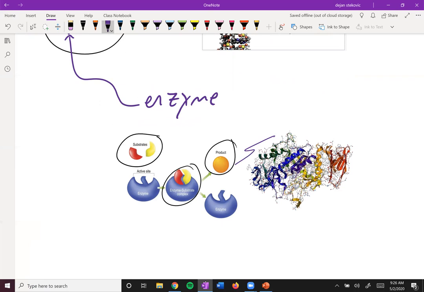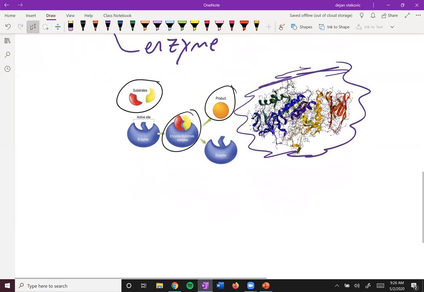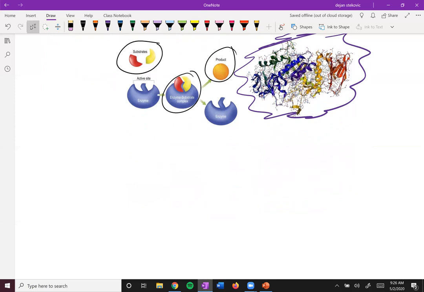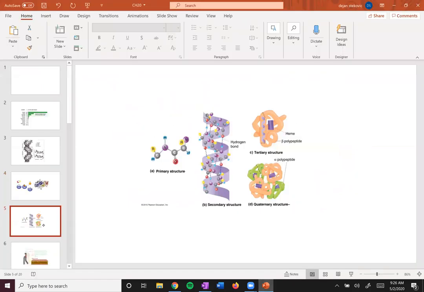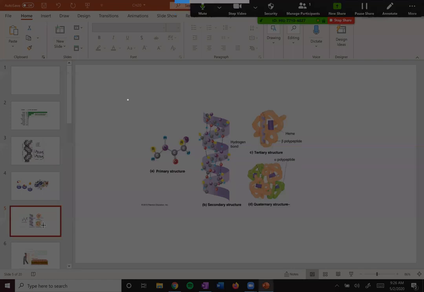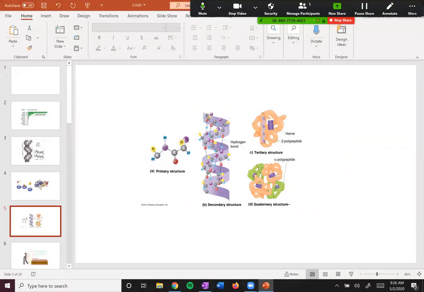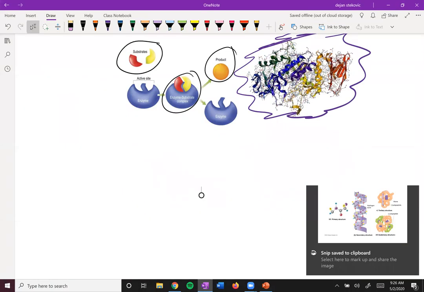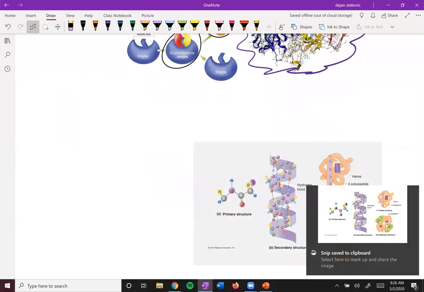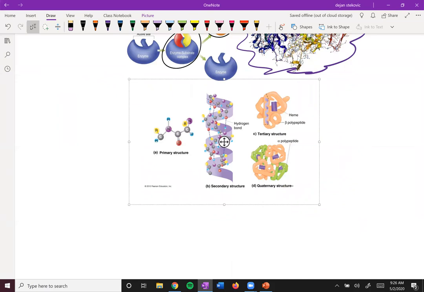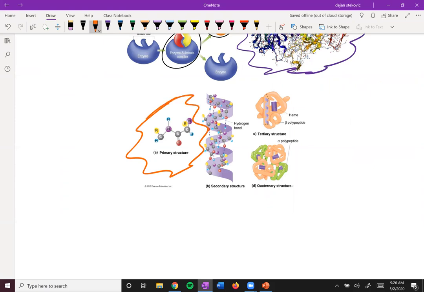And then here's another, more accurate pictorial representation of an enzyme. And so you can see it's all these pretty little pictures, but what are these enzymes really made out of? Well, if you keep zooming in and zooming in, you're going to have different types of structures here. And then if you zoom into the lowest structure, it's what's known as the primary structure. So this is what the individual components of this enzyme are.